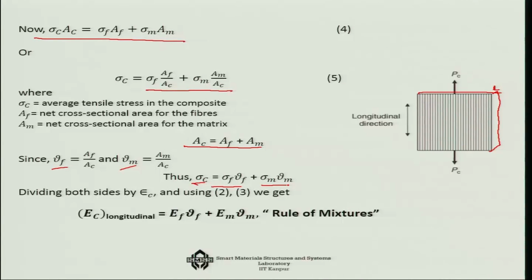Interestingly, this is also following the rule of mixture, but because of a different reason, because of the load share. Similarly, if you put this epsilon c in terms of the strain, you will see EC longitudinal also follows the rule of mixture as EF VF plus EM VM. So that is in the longitudinal direction.